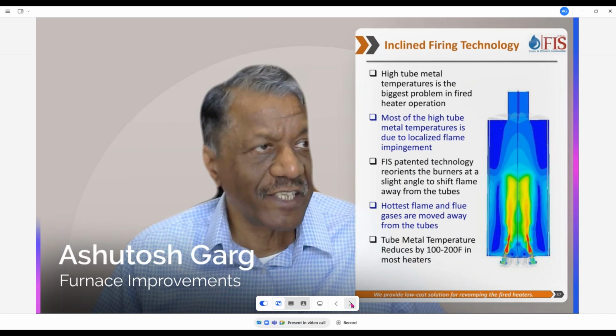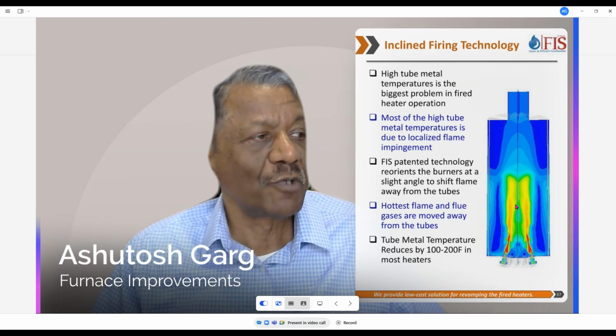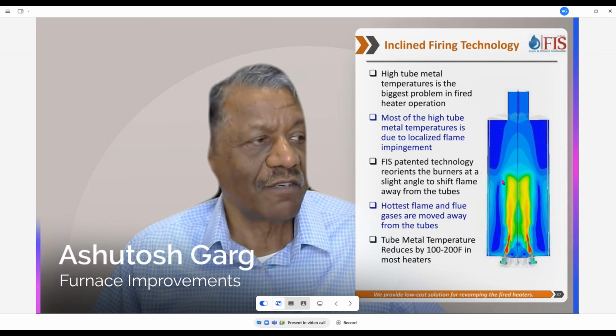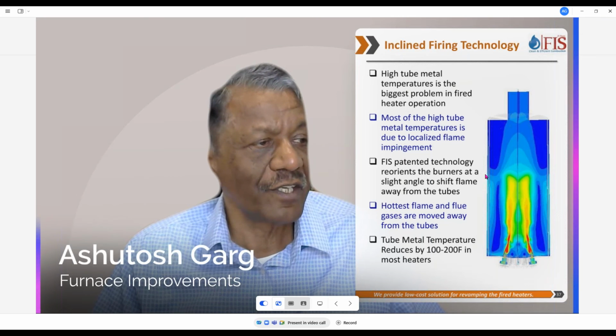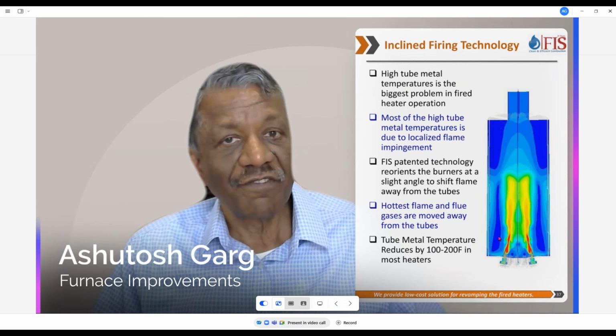We have done it in about 15 heaters now, and by putting burners at an angle, we keep the hot area in the center and we get much more uniform heat transfer.